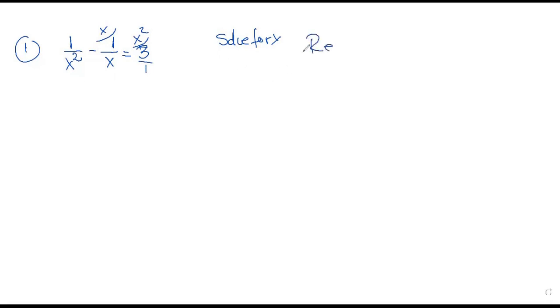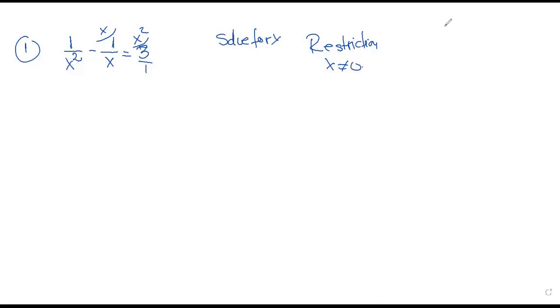Why do we amplify 3 by x squared instead of just x? You want to eliminate x squared, not x. Oh yeah, oops. First, you have to have the restriction: x cannot be 0.